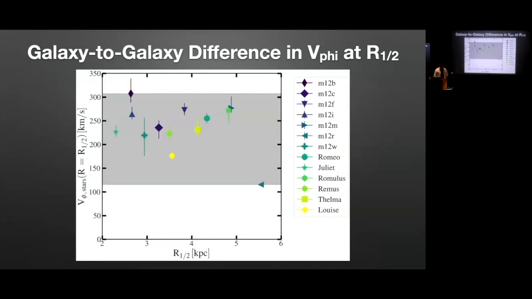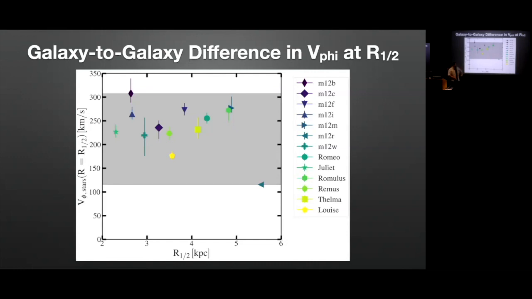Now to quantify what the scatter looks like, I'm plotting the V phi of the stars at the half mass radius as a function of the half mass radius. And I've shaded the region between the max velocity that we're measuring in all of the radial bins, and the error bars here are how much this value changes as you look in different directions.